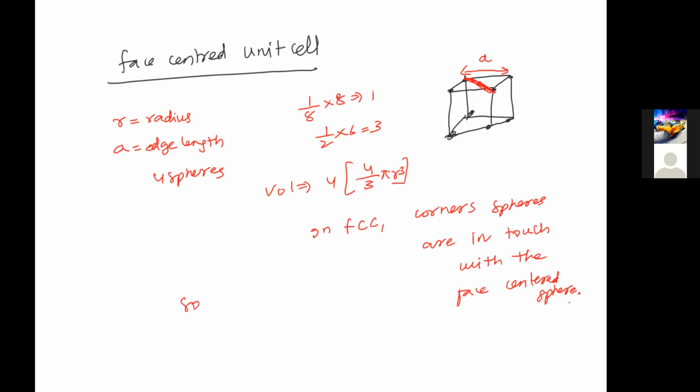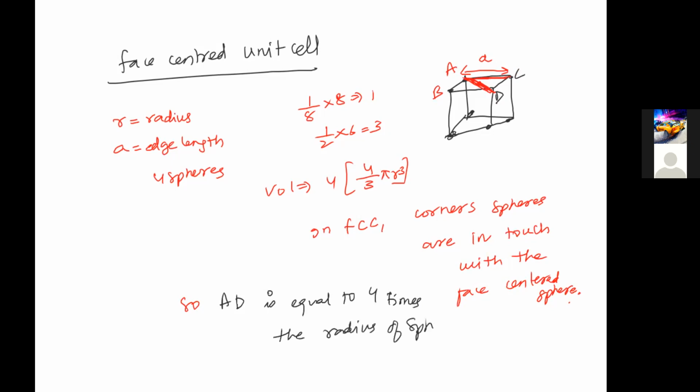If I name it as A, B, and C, D, the top one, we can see this is C and D. So you can see the AD is equal to 4 times the radius of the sphere.